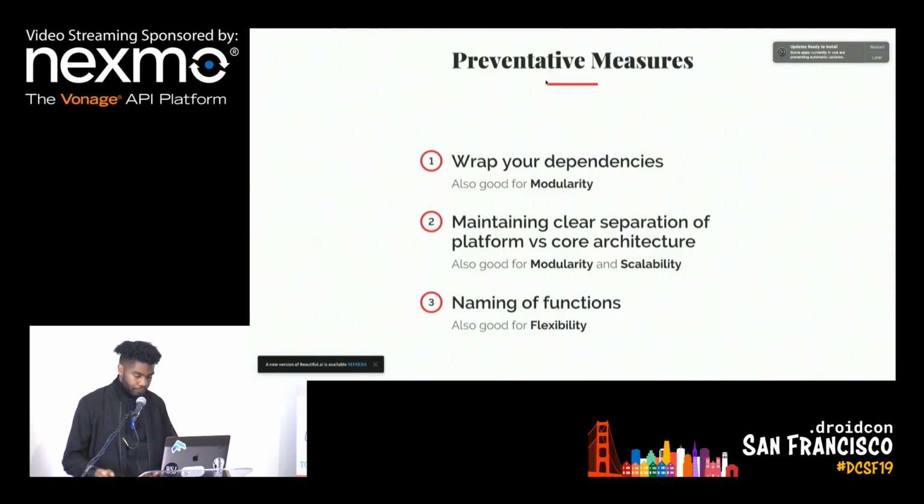All right, so unless you're using Android architecture components, you never really want your Android SDK components to be a main part of your architecture, like context and things like that. And this is also going to be good for modularity and scalability as it is going to lessen your dependence on the ever-changing platform, as we kind of saw in the keynote today.